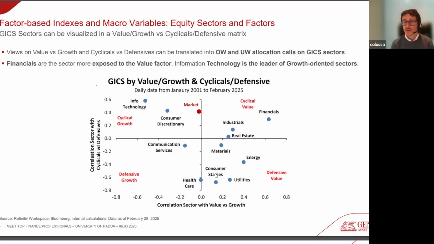So this is anyway quite an interesting representation, because also on our side that works on factors, in the end, we need to express a view in terms of sectors and where to decide to overweight and underweight. If you want, just to pause here, should we take some questions, some considerations?